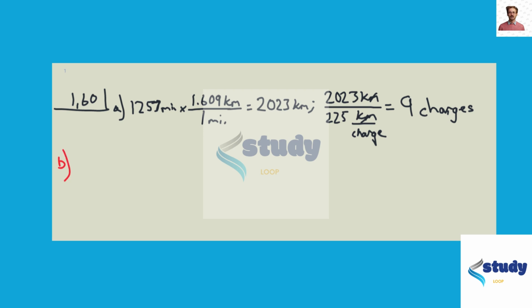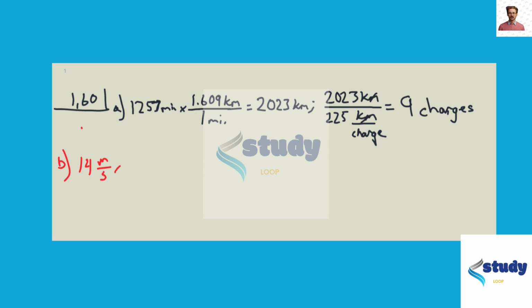So in part B, we are told that if a migrating loon flies at an average speed of 14 meters per second, what is its average speed in miles per hour? So we simply need to convert between meters per second and miles per hour. So here we have 14 meters per second.